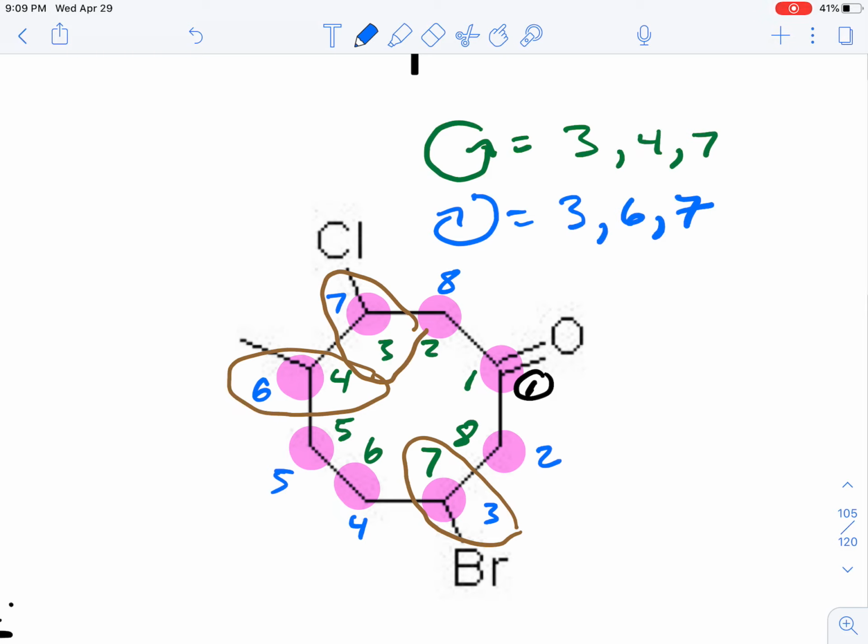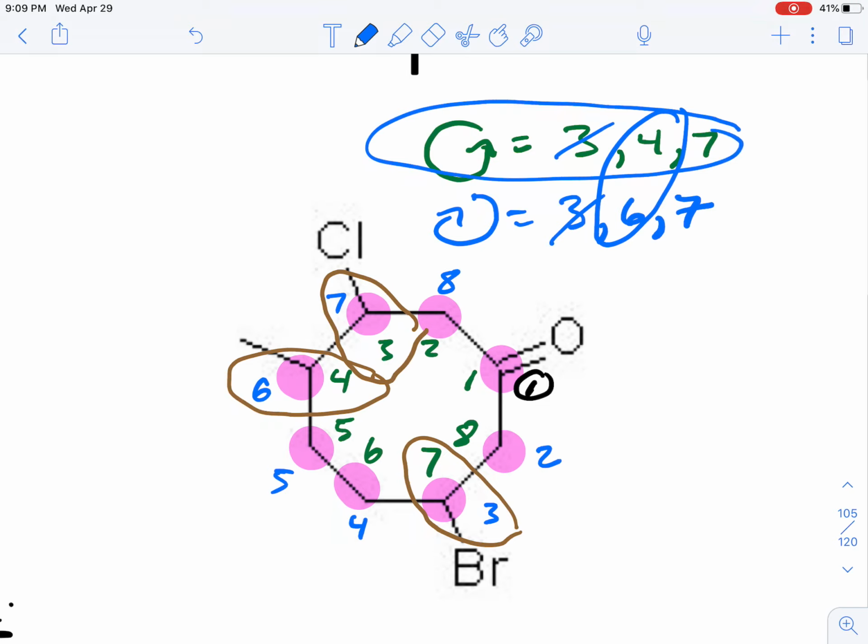So the first point of difference, so this is the same, this is the first point of difference. And so notice that the green would produce a smaller value for that substituent than the blue. And so that tells me that my numbering system in blue is not correct.